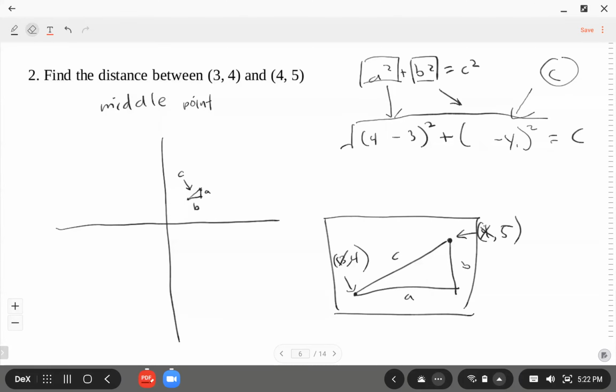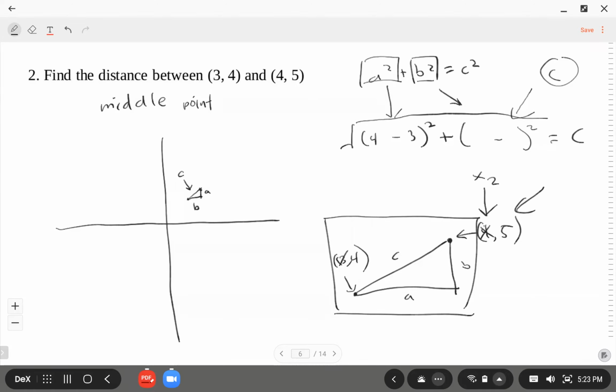y2 can be 5. Now why can't it be 4? Because x2 and y2 have to be in the same parentheses, okay? So if x2 came from here, then y2 also has to come from here. It can't be like this.